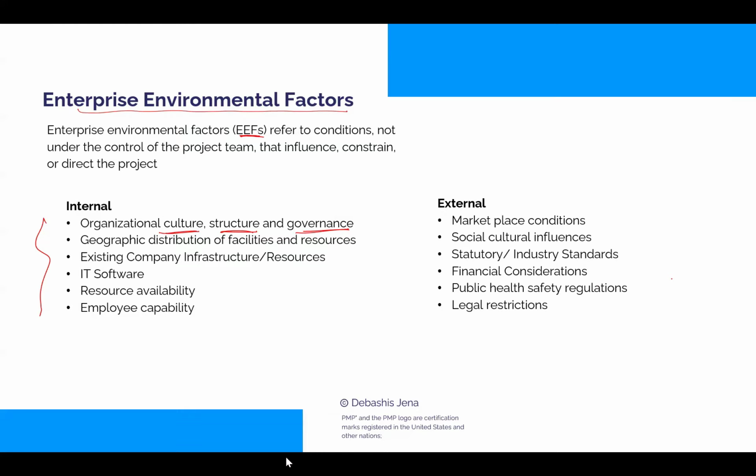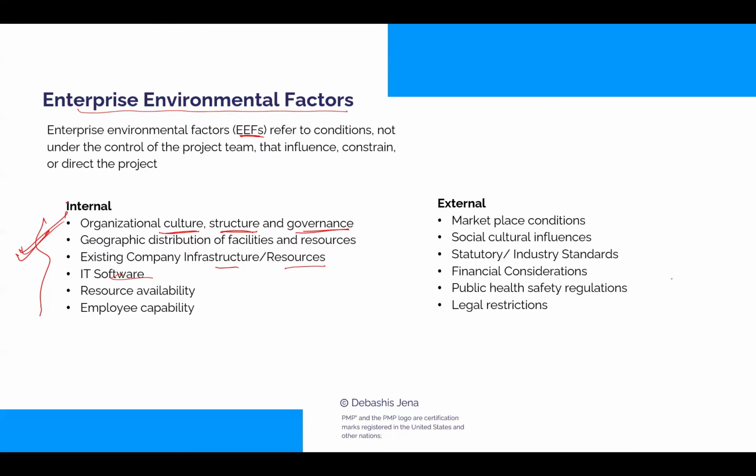Even the resources we possess as a company. Where our offices are, what facilities do we have, the infrastructure, the resources, what IT tools we use as a company. These all put together we call environmental factors. You got that? Culture, structure, governance, infrastructure, resources, IT tools we use, put together are environmental factors.